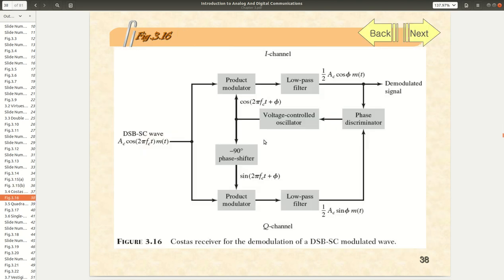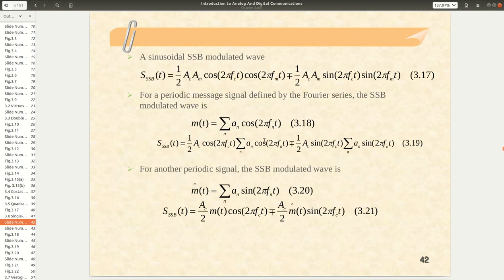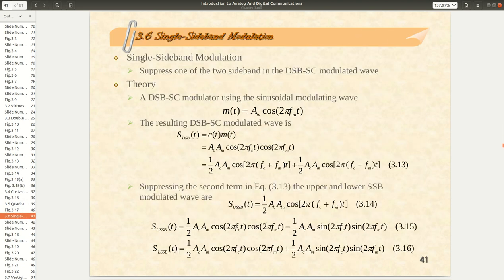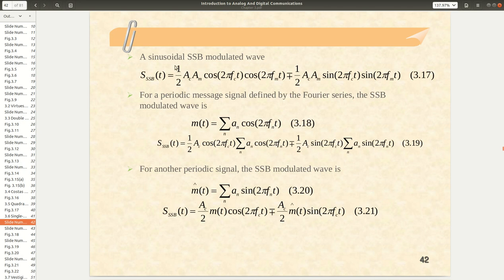So here, after we have this, we have the sinusoidal single sideband modulated wave, whether minus or negative, whatever you want to send. For a periodic message, you will have not only cosine 2 pi fm t, you will have a train of terms, for example, an multiplied by cosine 2 pi fn t.